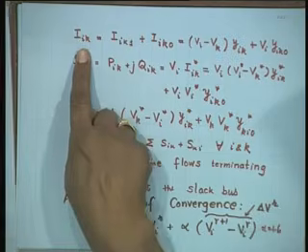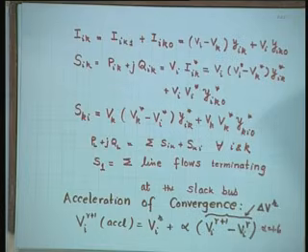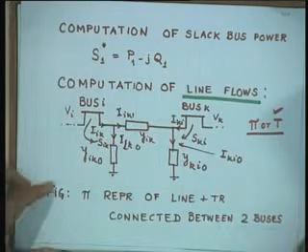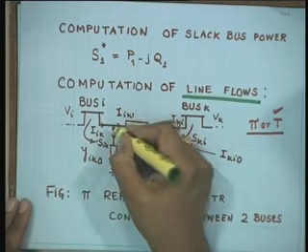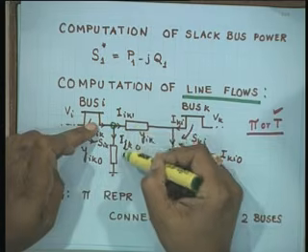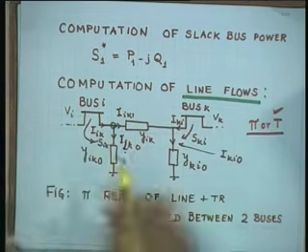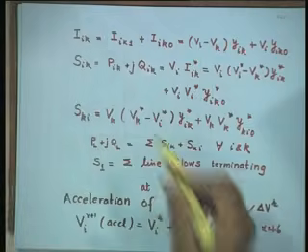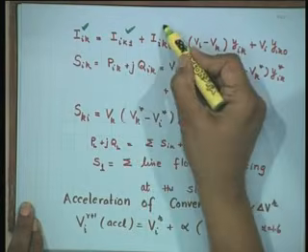I don't know how to put both of them together, but anyway, Iik, apply KCL at this point. So Iik is equal to the sum of these two currents.